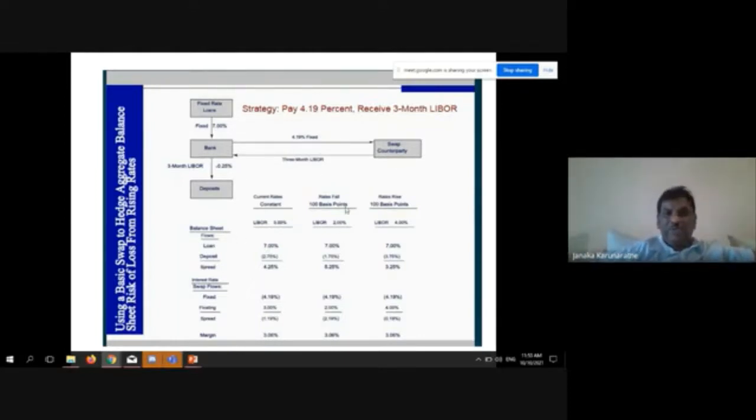Okay, let's move on to a few scenarios. The current interest rate is constant, LIBOR is 3%. From loans, I get 7%. For my deposits, I pay 2.75 because 3 minus 0.25. In the Sri Lankan context, what rate are you using?